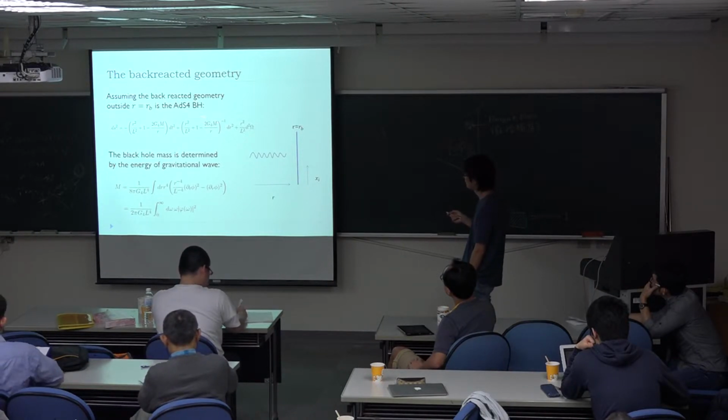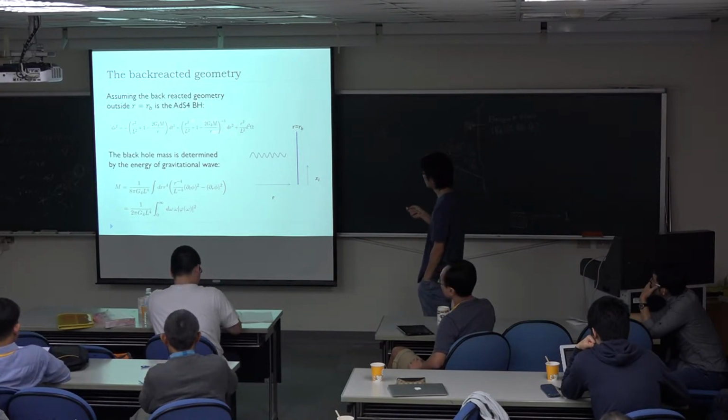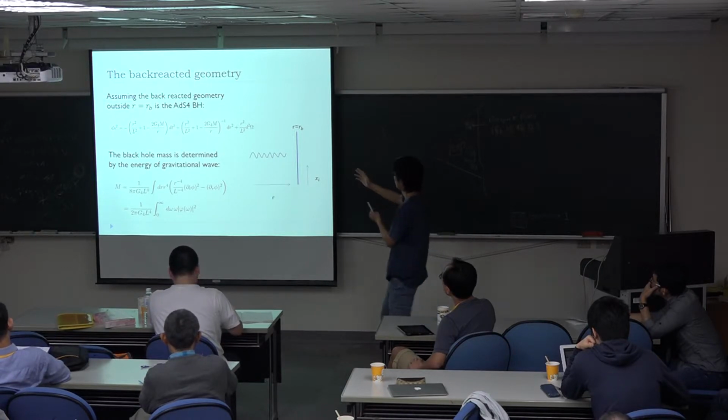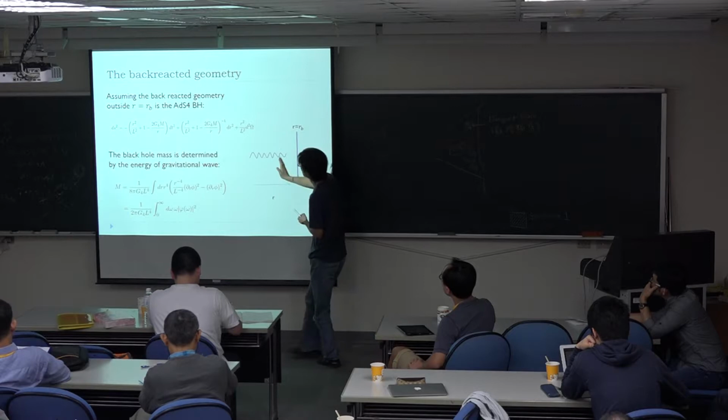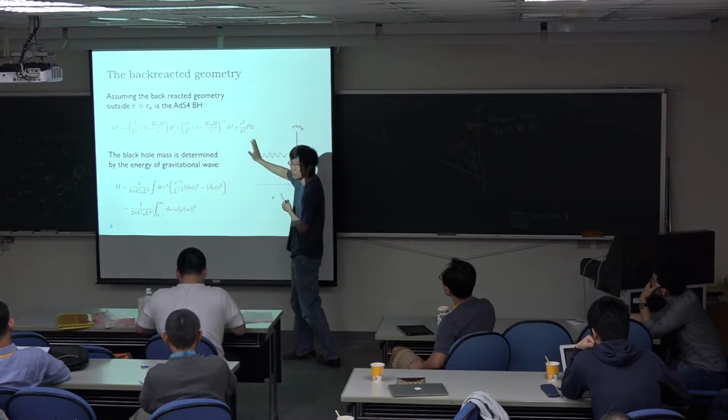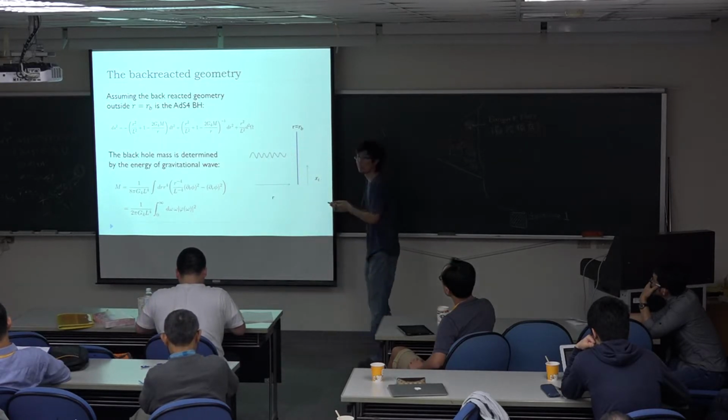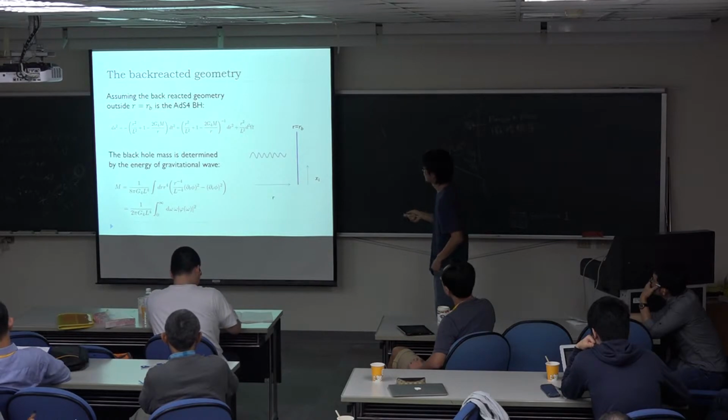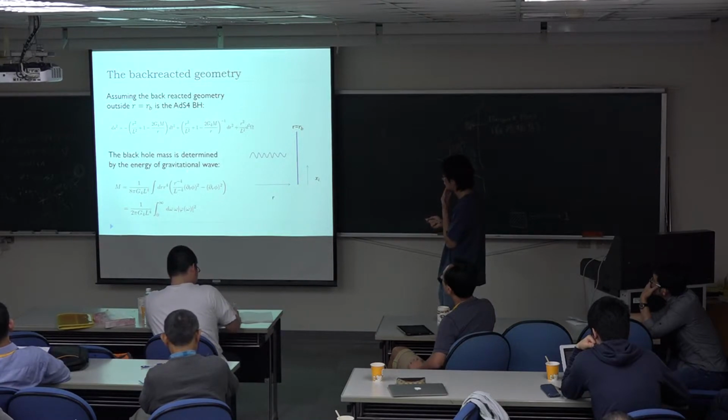We just assume the back-reacted geometry to be an AdS4 black hole. Basically, it's a version of Birkhoff's theorem. It tells you that if there's some homogeneous energy distribution in the bulk, then asymptotically the metric will look like a black hole metric. And here the black hole mass is determined by the energy of the gravitational wave.